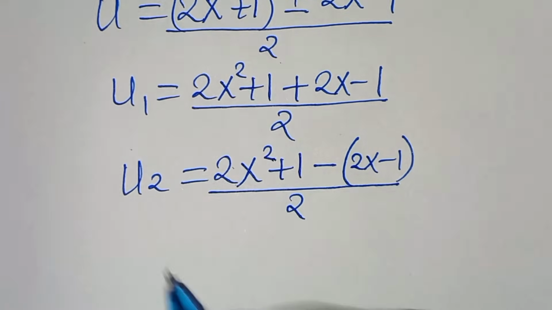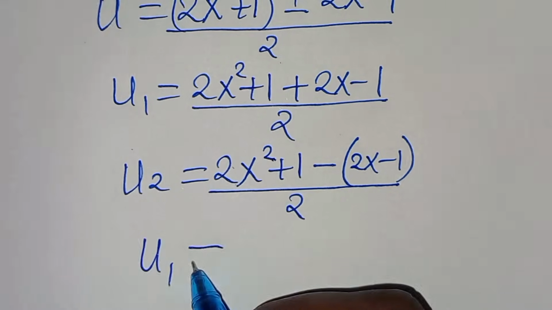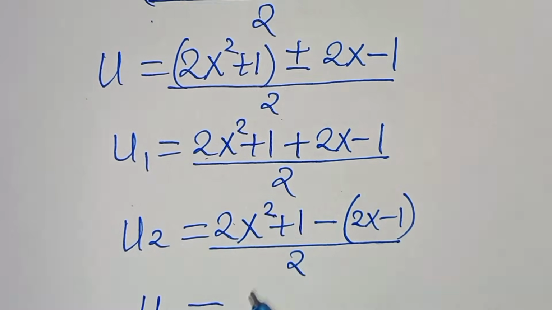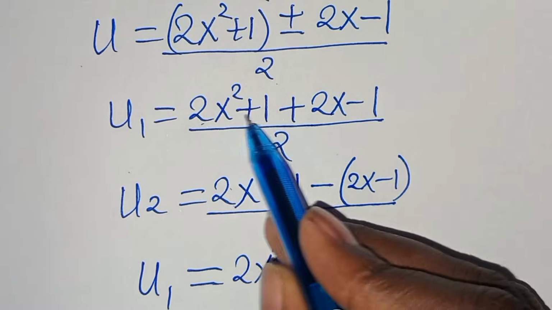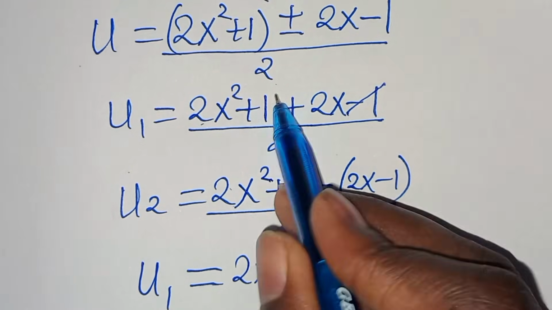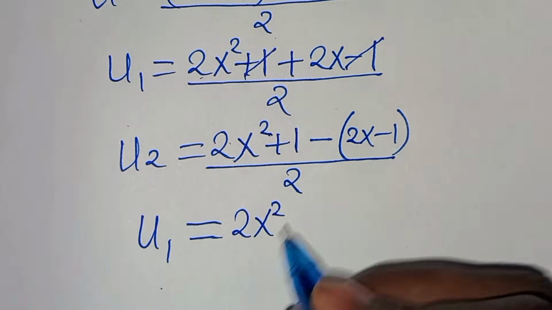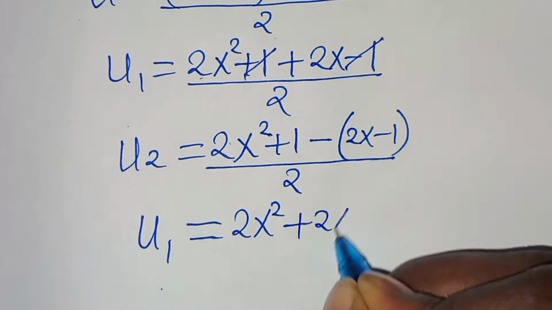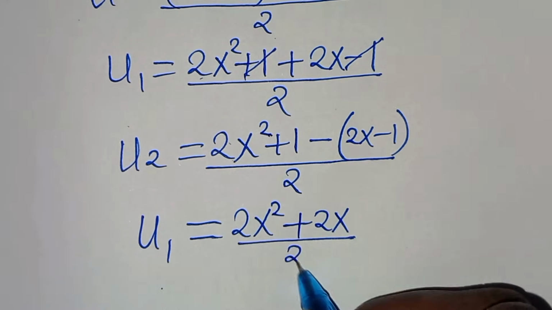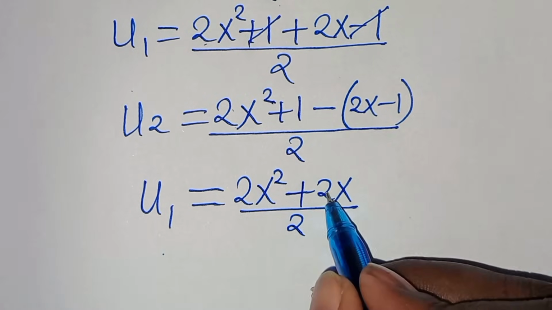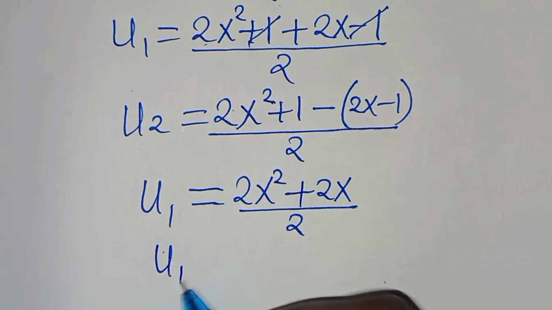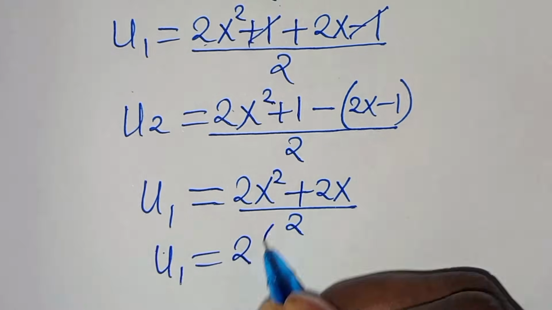So let's start with u1. We have that u1 will be equal to, this is 2x squared, we have 2x squared. Now, plus 1 minus 1, this simplifies. So this means we have 2x squared plus 2x, everything here divided by 2. So since in the numerator here 2 is common, we can factor out 2 so that we have 2 into the parentheses.